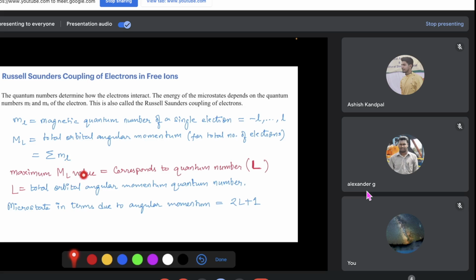The maximum value of this capital ML corresponds to the quantum number that we call capital L, the total orbital angular momentum quantum number. We can generally define the number of microstates due to this angular momentum as 2L plus 1.